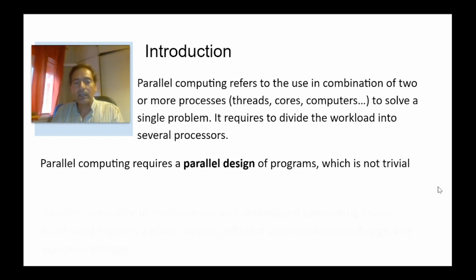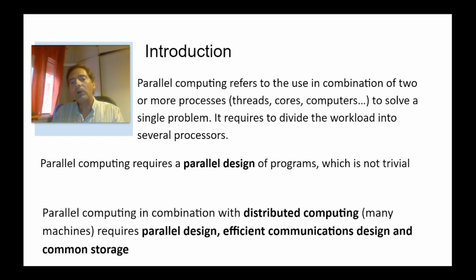And finally, parallel computing in combination with distributed computing, which involves many machines, requires a more complex design because it must be parallel but also must involve efficient communication between machines and a common storage for the machines which are involved in the same program execution.